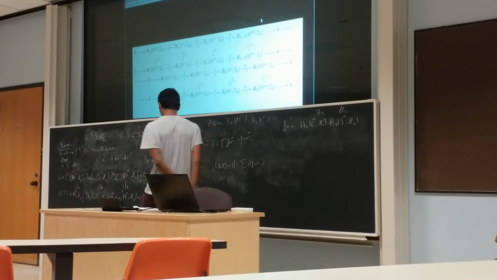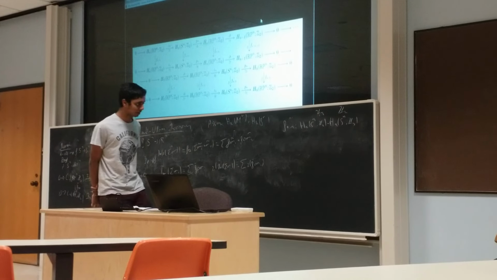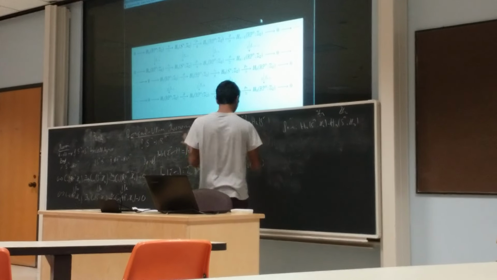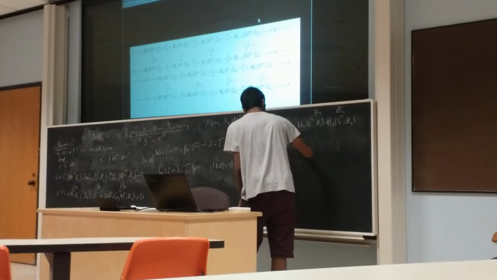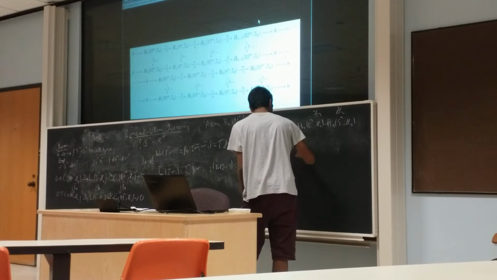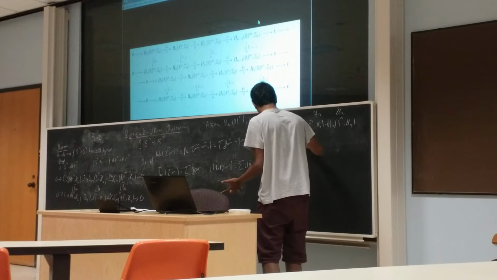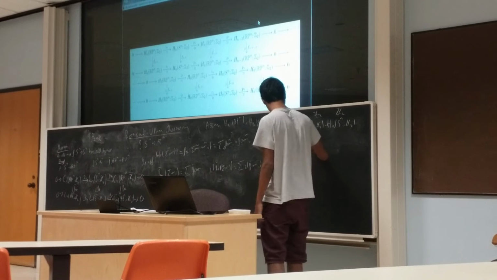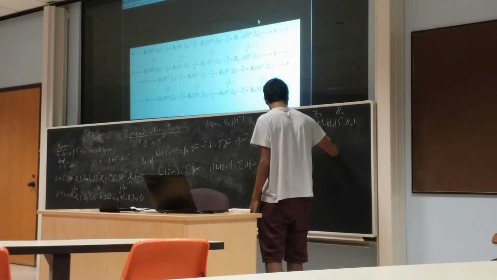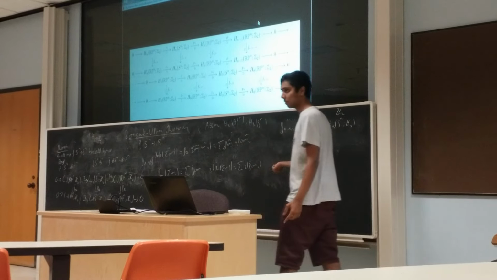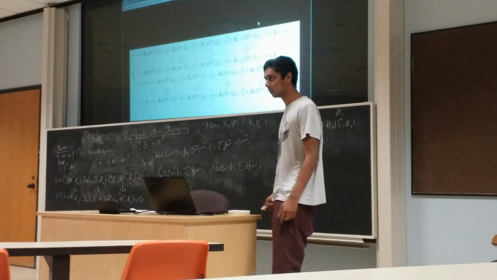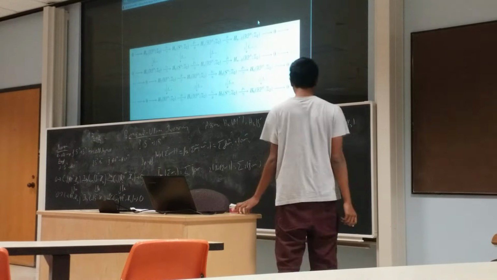So what that exactly means is that we have the degree of F, and since it's an isomorphism, it has to be 1 mod 2, which basically means it's odd. And then we're done. That basically proves the thing.